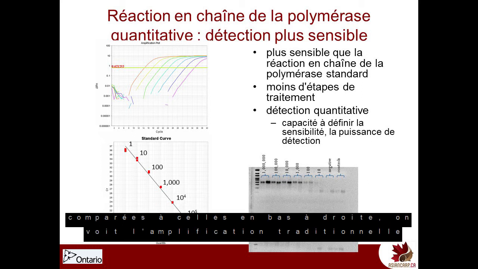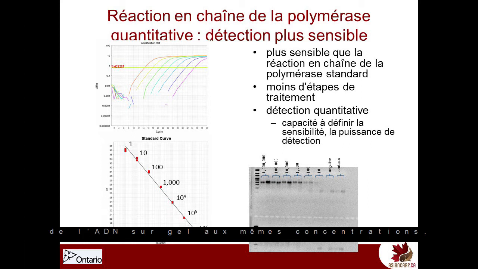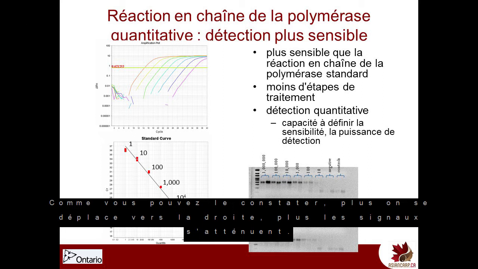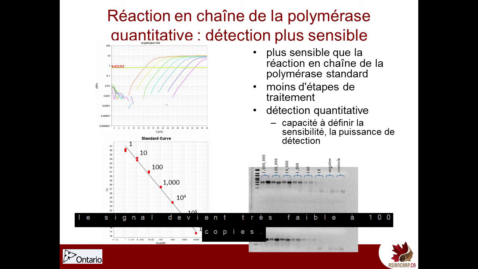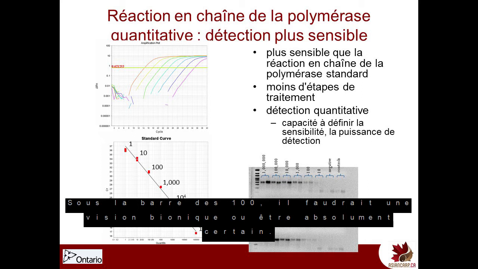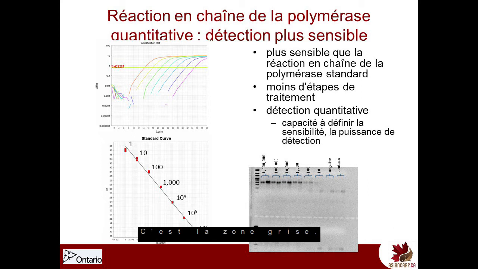And for comparison, the bottom right shows a conventional DNA gel at those same concentrations. As you can see, as you move over to the right, the signals really start to fade away. So we're confident down to 1,000 copies per reaction detection. By 100, it's getting faint, and below that, you'd need really good eyesight or very strong confidence, but this is where you get into the gray area.